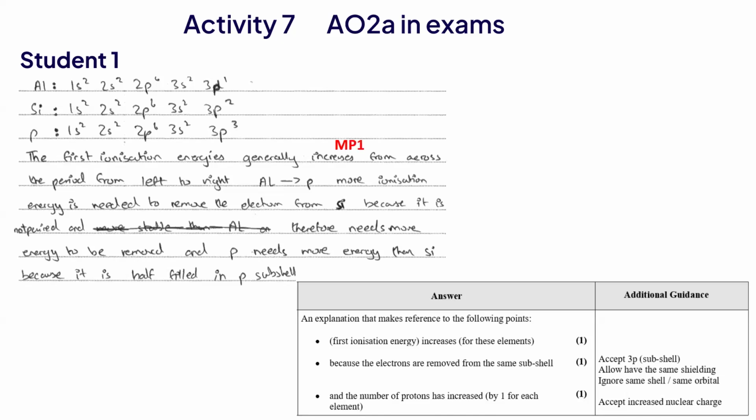Hopefully you've spotted it. Is there enough information to indicate that the electrons have been removed from the same subshell? I can't see enough information there to indicate the electrons are removed from the same subshell, personally.